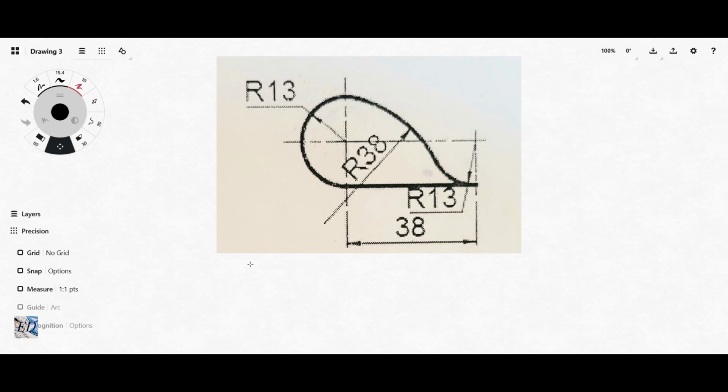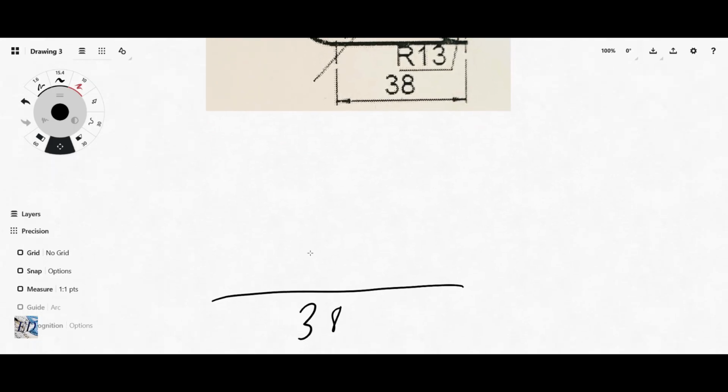Here you have the circle, and the center point is in line with the edges of the straight line.